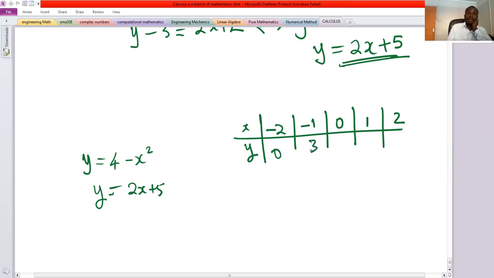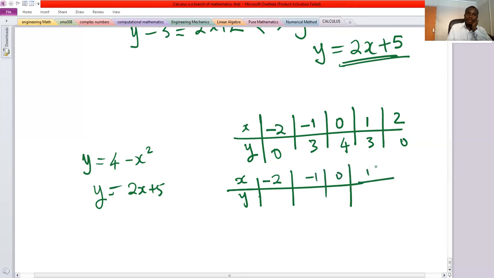Minus 1 is 3, 0 is 4, 1 is 3, 2 is 0. And then for the equation of the tangent, if I put minus 2, minus 1, 0, 1, and 2, minus 2 will give me 1, minus 1 will give me 3, 0 will give me 5, 1 will give me 7, 2 will give me 9.